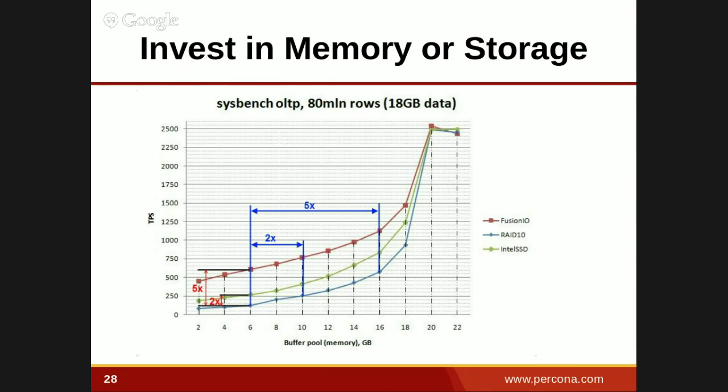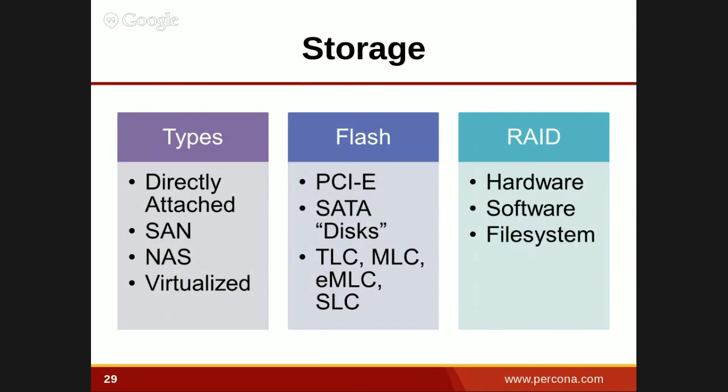In terms of storage, there are essentially a few types of storage you would have. In my opinion, for OLTP workload, the disk is dead. You want to be using flash. It just depends what kind of flash you want to be using, right? And there are a few types.